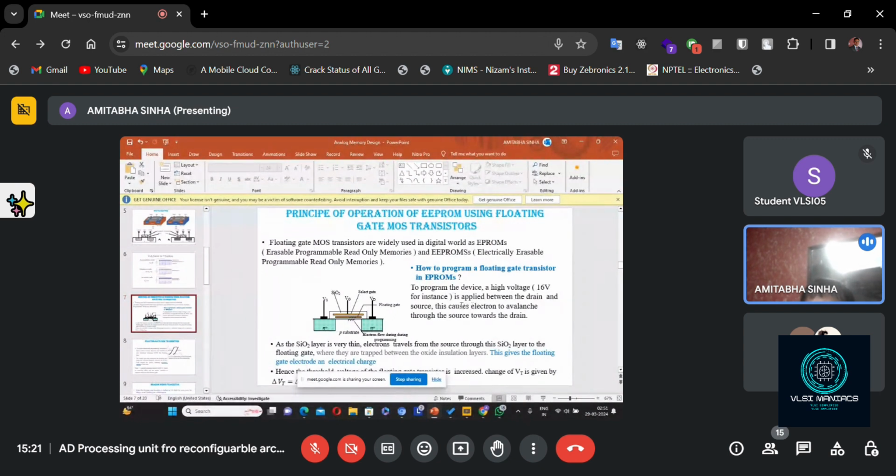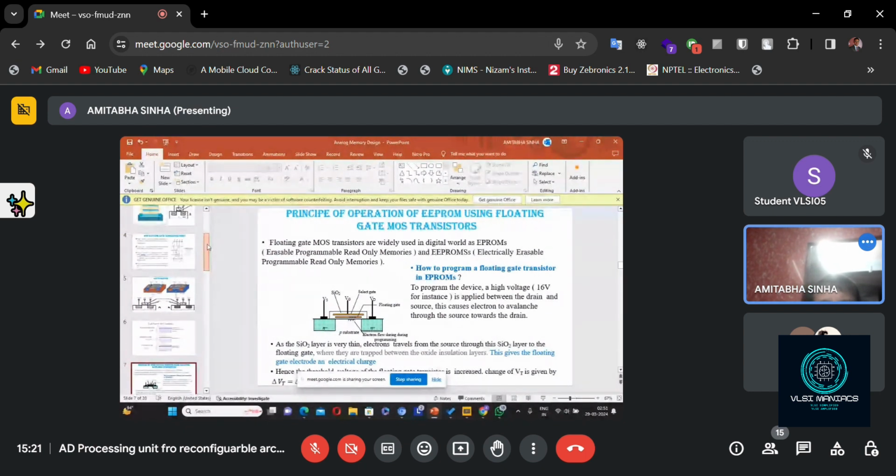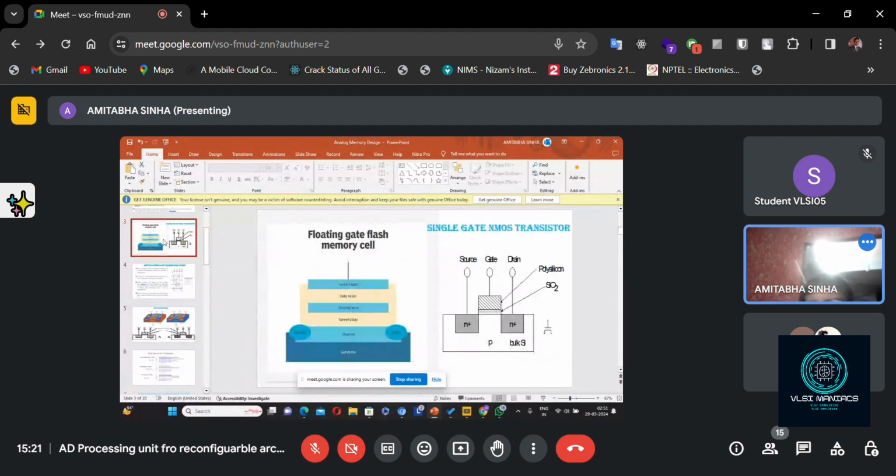So when a high voltage is applied between the drain and source, this causes electrons to avalanche from the source towards the drain. Okay? Now the SiO2 layer is very thin. Once again, I'm showing the diagram. Just have a look at it.